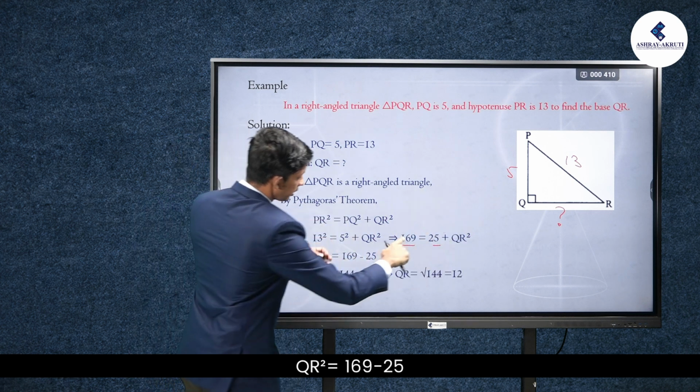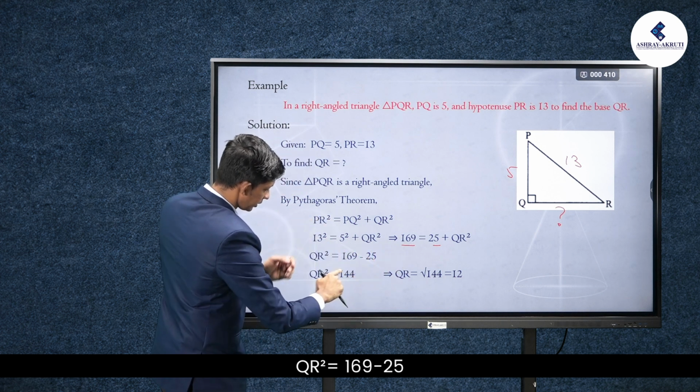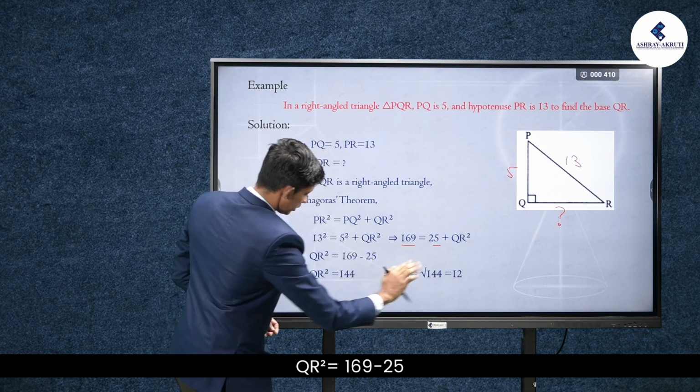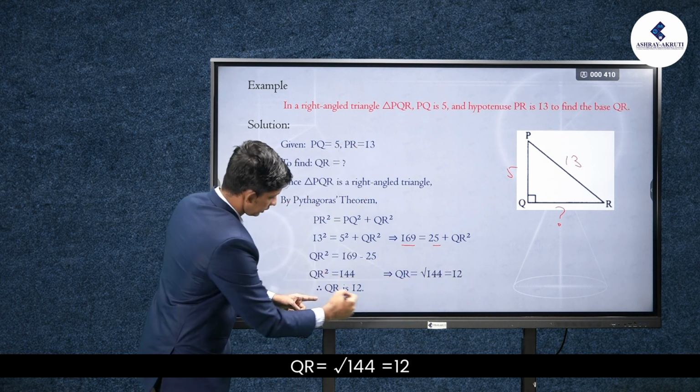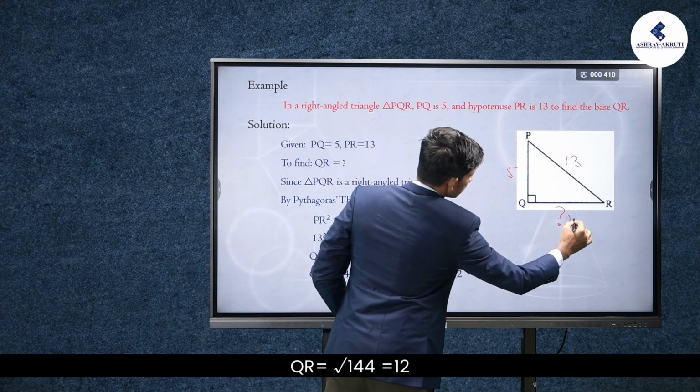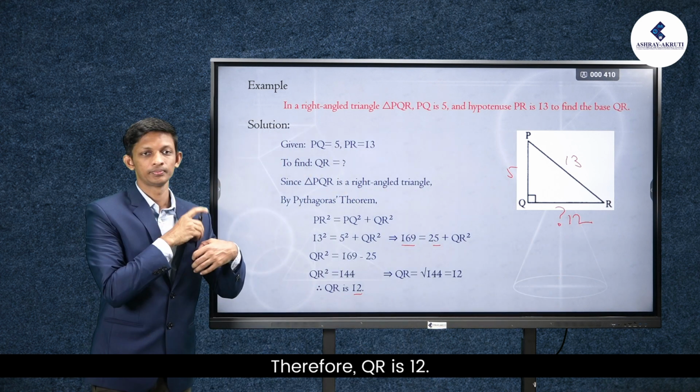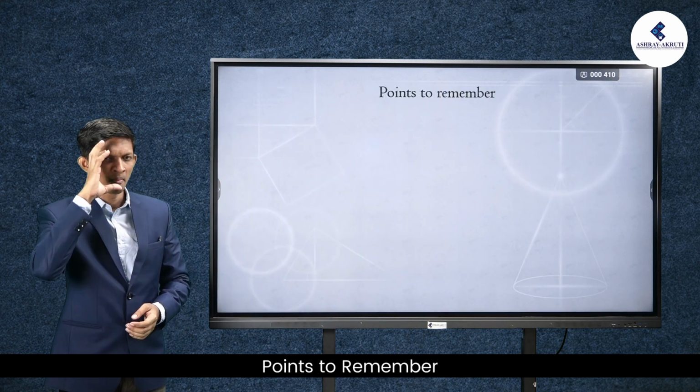Now, QR square is equal to 169 minus 25. QR is equal to root over 144, which is equal to 12. Therefore, QR is 12.